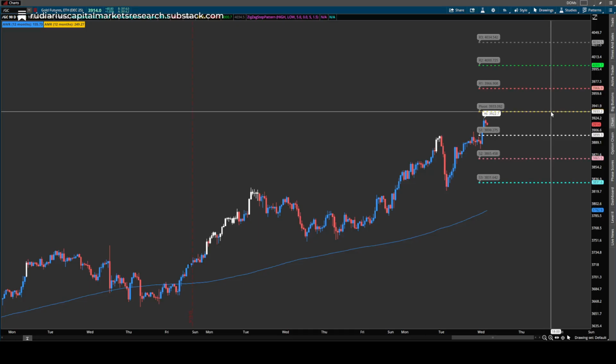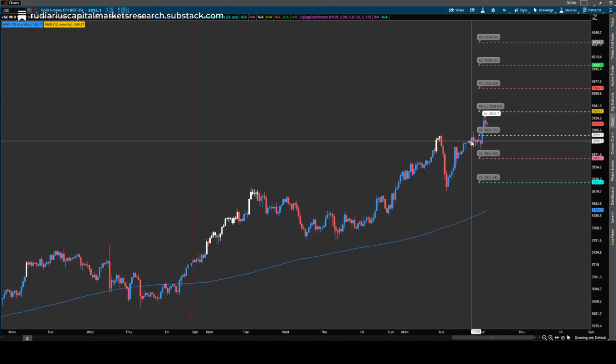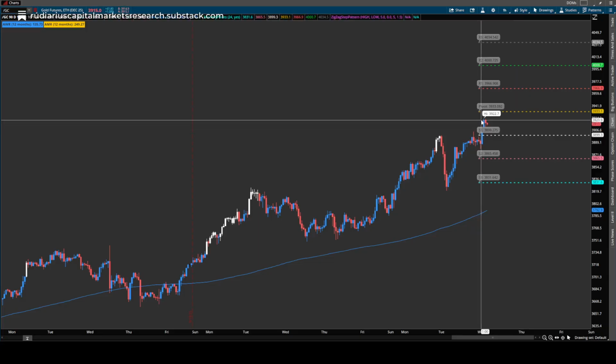So gold, you're looking at 39.33 as a pivot. We're trading 19 below that right now. So that goes back to what I was saying earlier. It's not saying that because it's below there, you should be shorting this. Nothing about this says short right now.